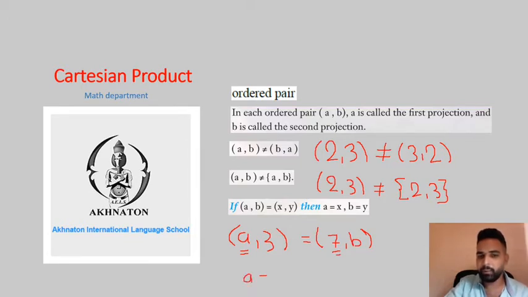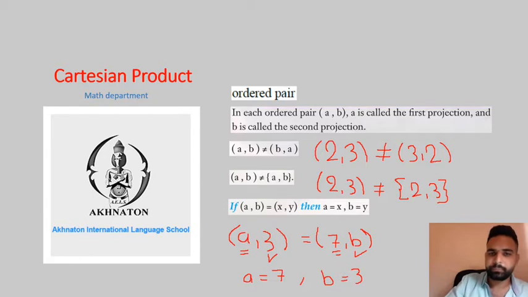So A equals 7. And the second projection equals the second projection, that means B equals 3.